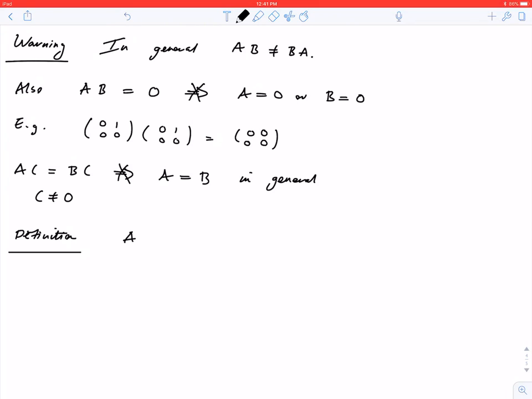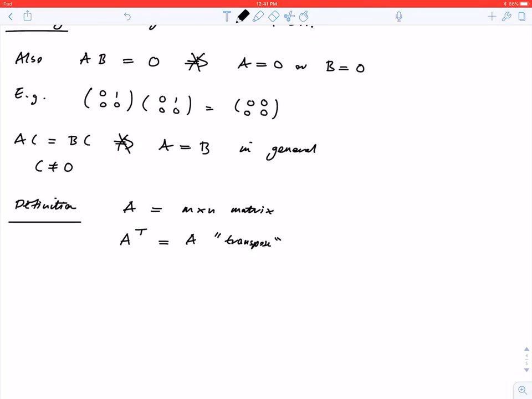If I give you an m by n matrix, I'm going to define A capital T. This is going to be called A transpose.